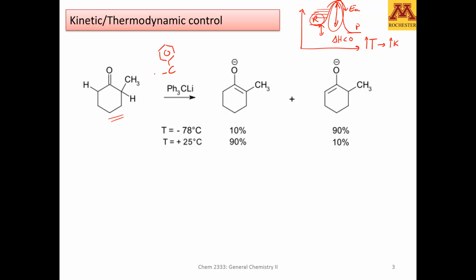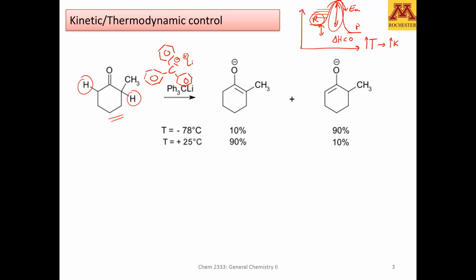The central carbon has 3 phenyl rings, and this has a lone pair, and lithium is just right here. Pretty much this is a very strong base, not in water, of course, and this base can subtract the proton from two hydrogens, either this one or this one.